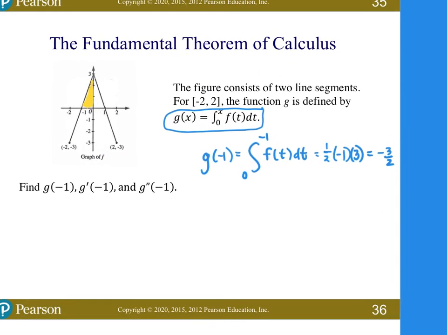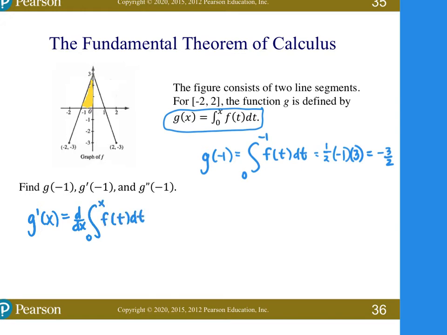The next thing we're asked to find is g prime of negative 1. Well, we have to find a formula for g prime first. So in order to find g prime, I need to introduce a d dx in front of this integral. And that d dx will negate the integral and the differential.